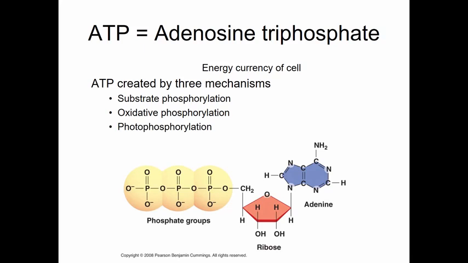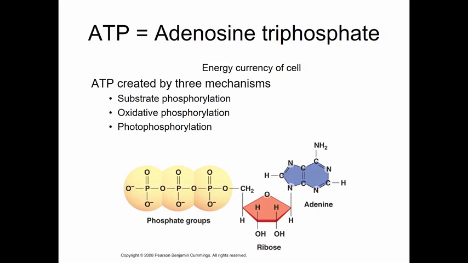Phosphorylation means adding on a phosphate group. Think about what we just said. AMP, ADP, ATP. Adding on a phosphate group is helping to bring energy into this process. So we create ATP by a process called phosphorylation.